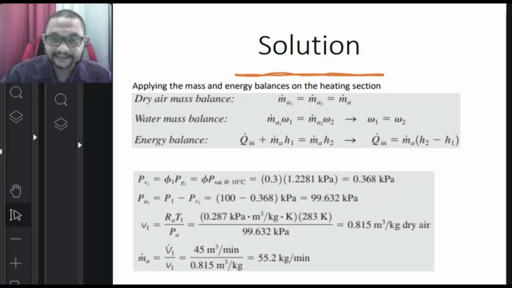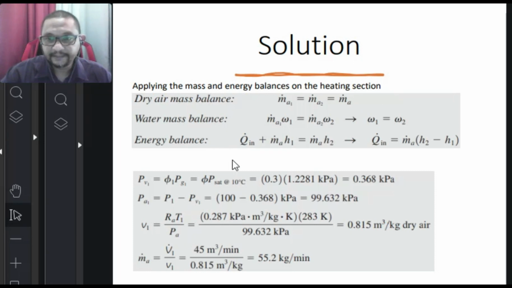You look again at the part one lecture, the sub chapter related to specific and relative humidity, and you will see the equations that can be used.